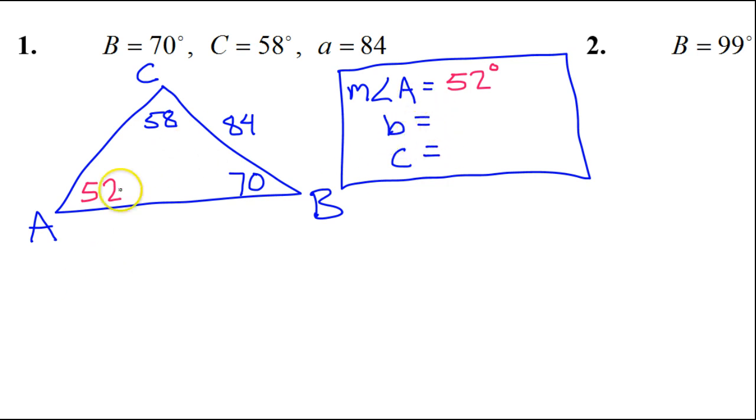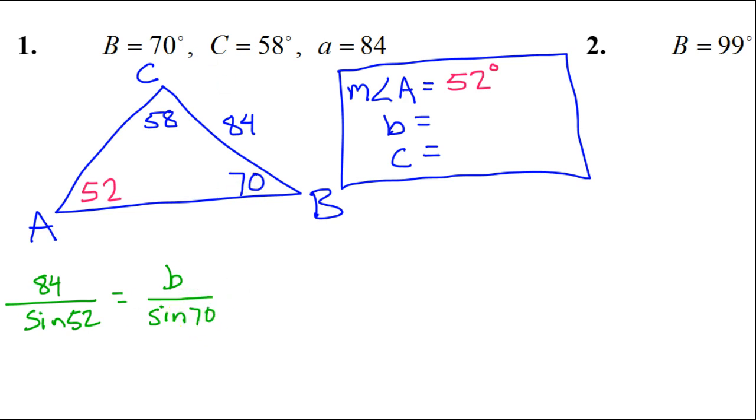Okay, so we can definitely use this pair of angle and opposite side. Since I'm solving for a side, I'm going to put my sides on the top. So I'm going to say 84 over the sine of 52, and that's going to equal side B over the sine of 70.